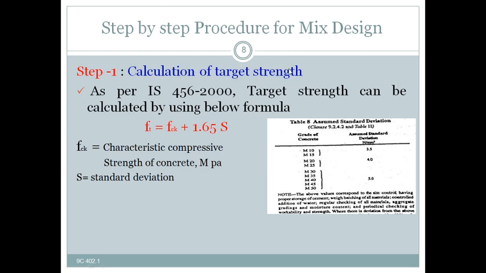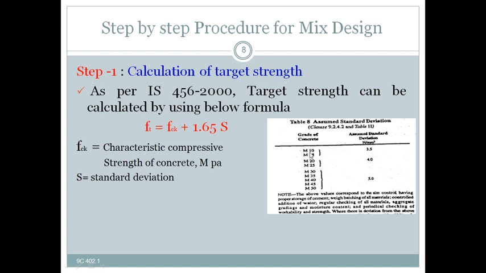For this, IS 456:2000 gives one formula for calculating the target strength of concrete. That is FT equals FCK plus 1.65 into S. Here FT is the target strength of the concrete, FCK is the characteristic compressive strength of the concrete in megapascal, that is in Newton per mm square, and S is the standard deviation. The standard deviation values vary with the grade of concrete.